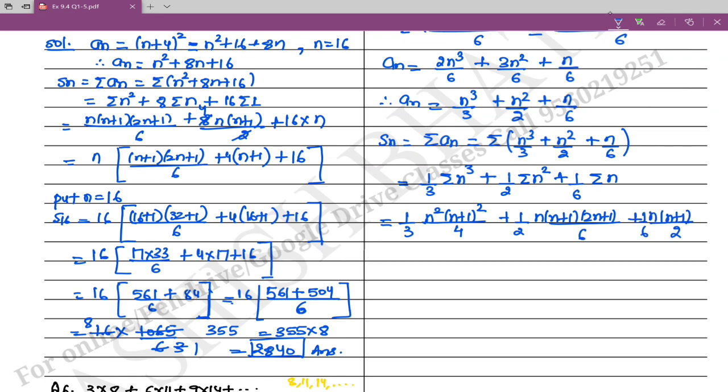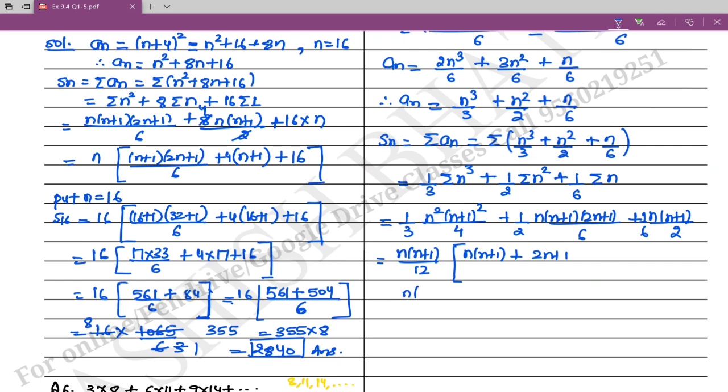So we can clearly say that the denominator is 12 in each term, and we can take n into n plus 1 by 12 common from each term. So now this will be left with n into n plus 1, this will be left with 2n plus 1, and the last term will be left with 1 only.